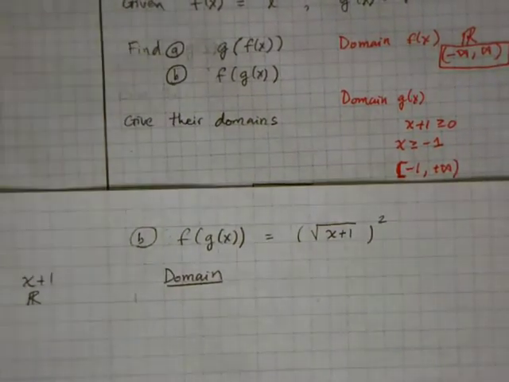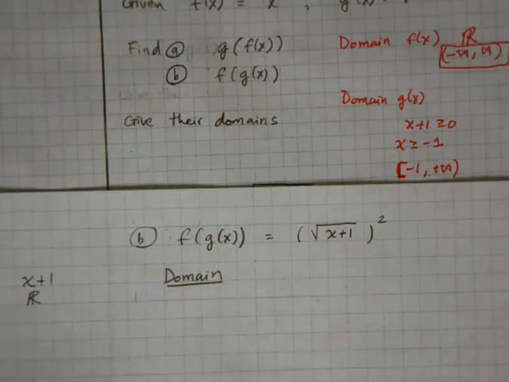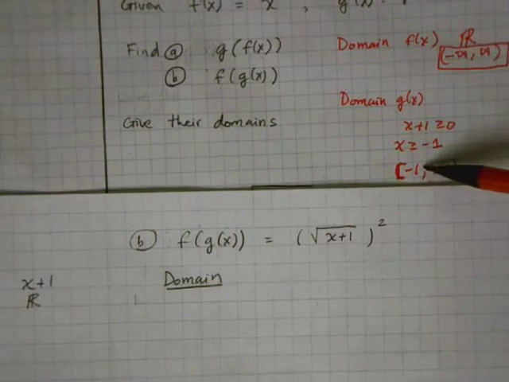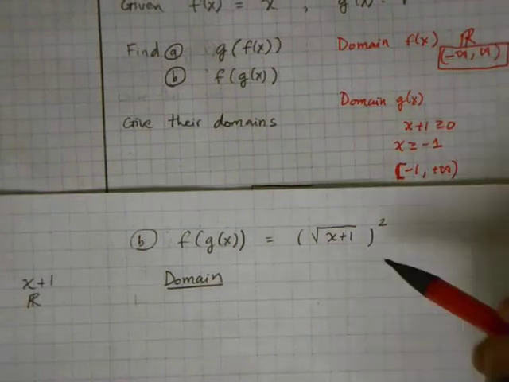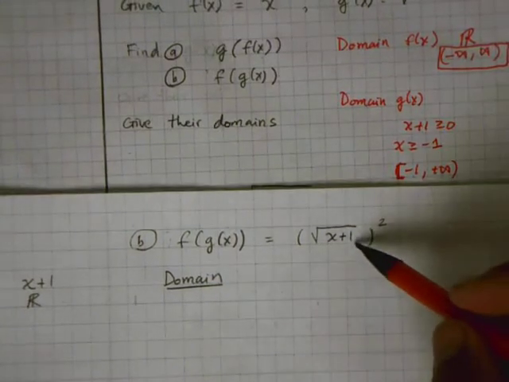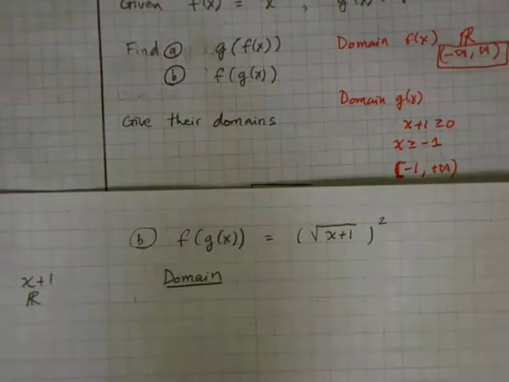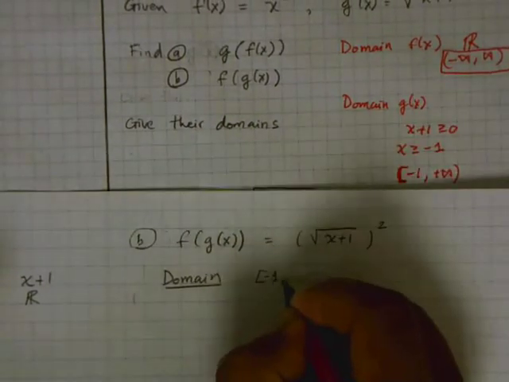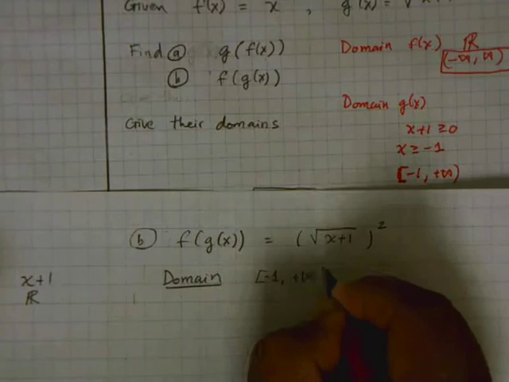Okay? And that's what we have to go with. We have to go with whatever is the most restrictive domain, because all of the numbers less than -1 aren't even a part of g of x. Okay, so we're going to have to leave it as this expression as it is, okay, and we have to say that the domain is going from -1 to positive infinity.